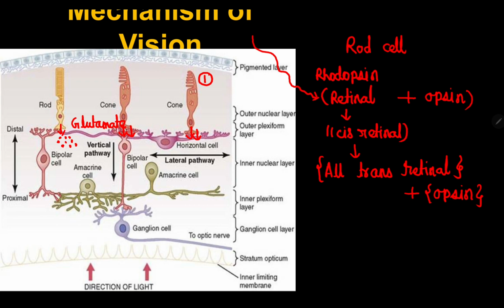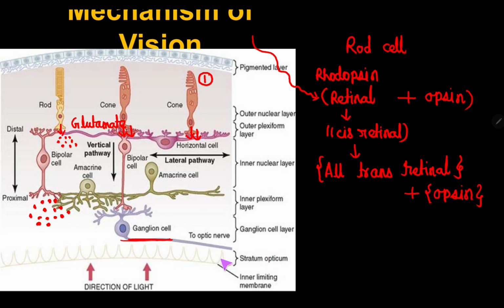Now when the secretion of glutamate decreases, it will generate a graded potential in the bipolar neuron, and this bipolar neuron secretes a lot of glutamate. Then this glutamate will take that graded potential to our ganglionic cells.